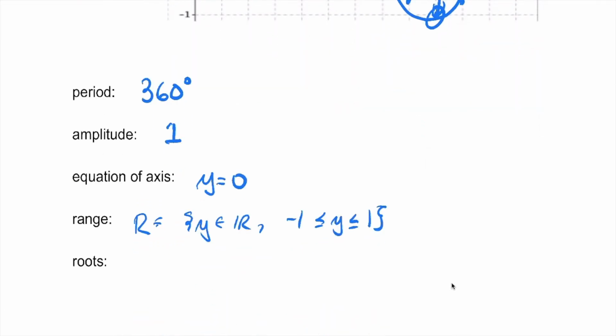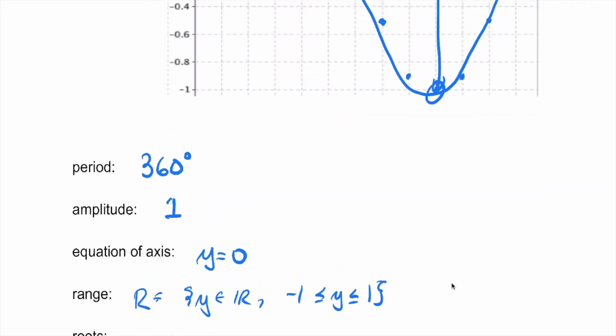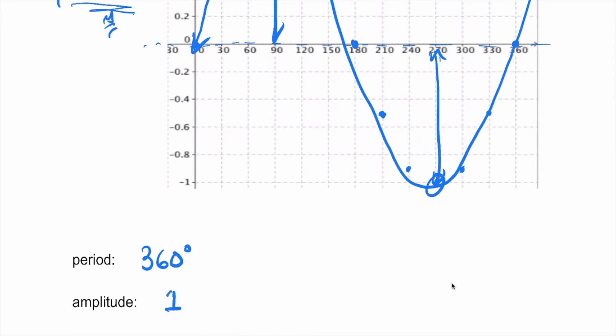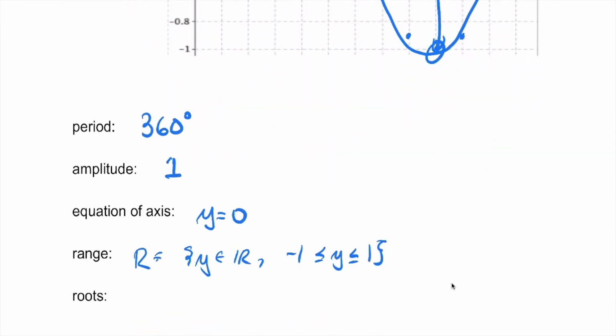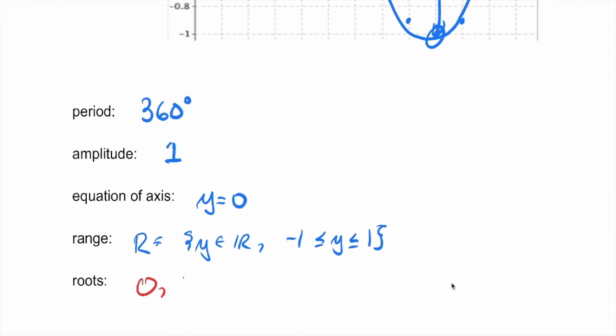The roots, so where does it hit the x-intercept? In this case, I missed it on the graph there, but there are my roots right there. So the roots are 0, 180, and 360. Another way that we could express this is that the roots are 0 plus 180n.